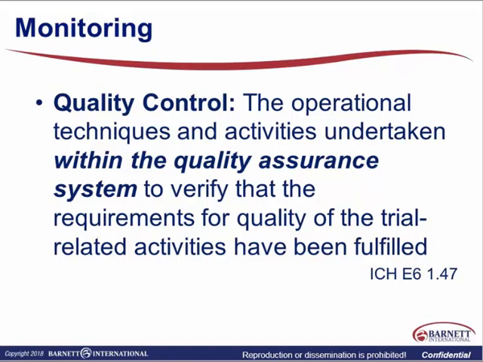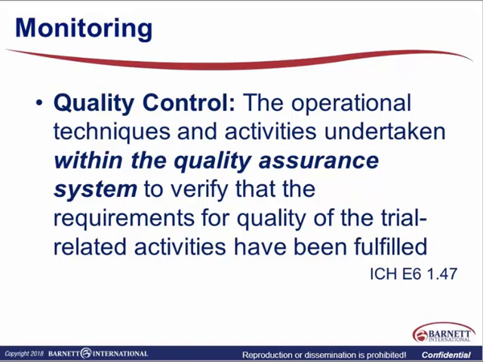So we know that auditing and monitoring have to be separate and distinct. That's the independent part of that quality assurance. But when we go in and audit a site, for example, we are auditing everyone. We are looking at the investigator, we're looking at their staff, we're looking at the IRB and their interactions, and we're looking at the sponsor and the monitor and their interactions, as well as any other vendors like CROs or labs that you're working with.